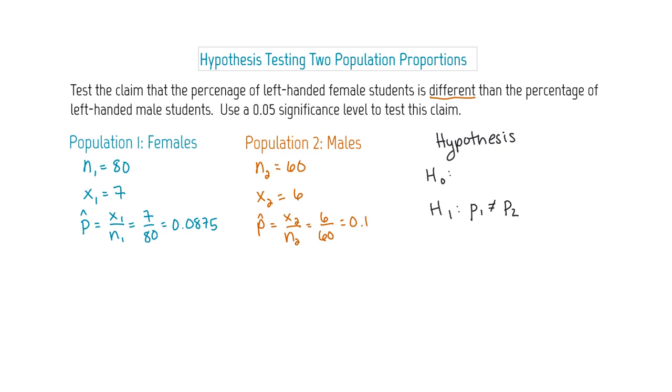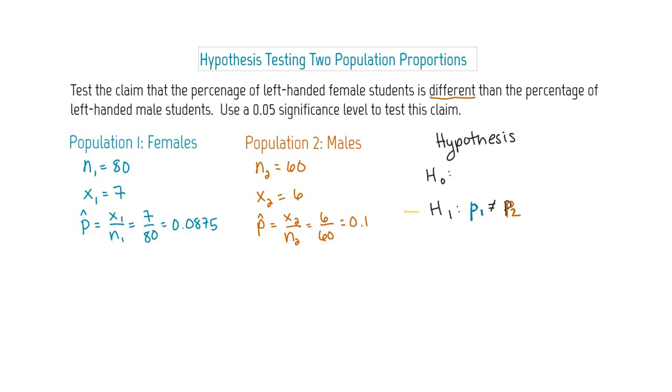Or in other words, the proportion of female left-handed students, I'll color code this here in blue, is different than, is not equal to, the proportion of male left-handed students. And so that becomes our alternative hypothesis.